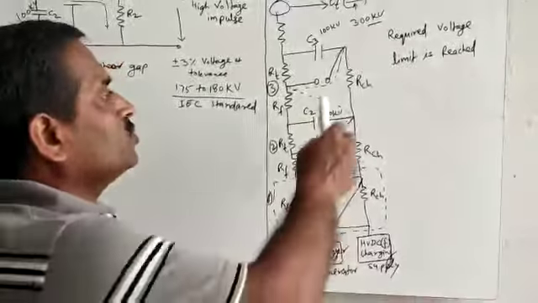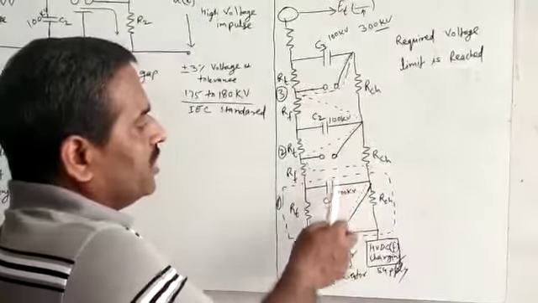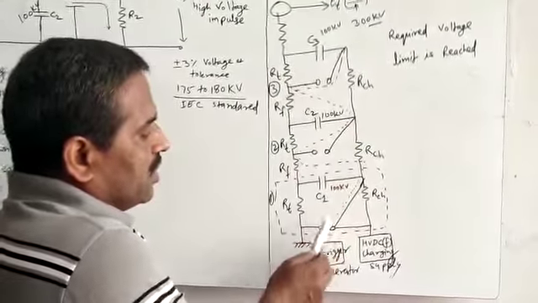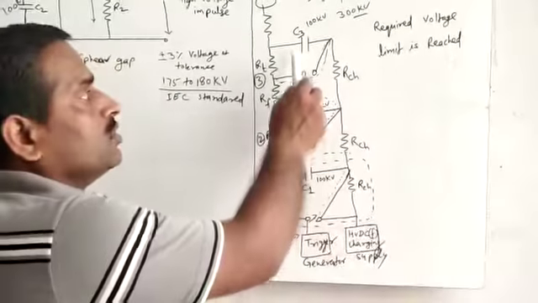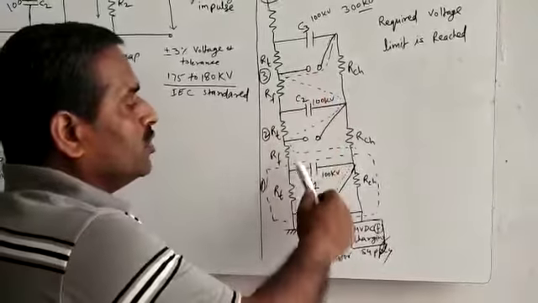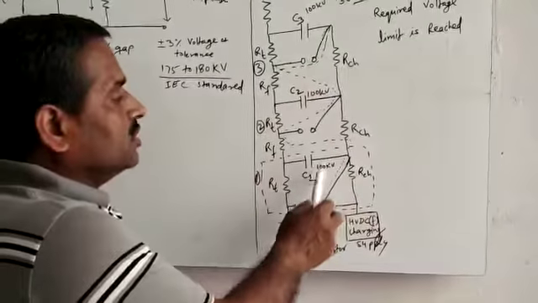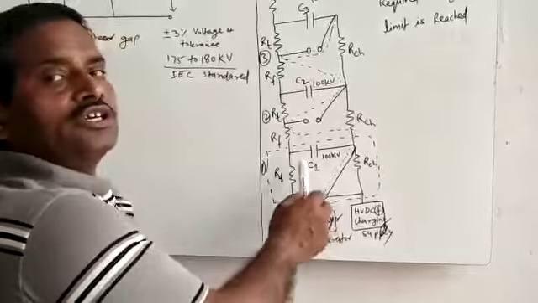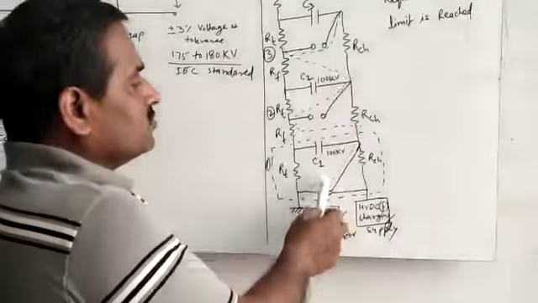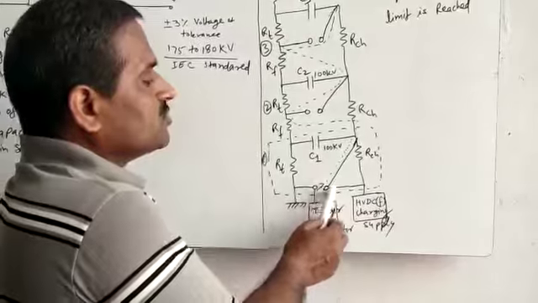Now after the charging to 100 kilovolt of C1, C2 and C3, they will go to discharge. For the discharge, the trigger generator will generate a voltage for short circuiting of the sphere gap.